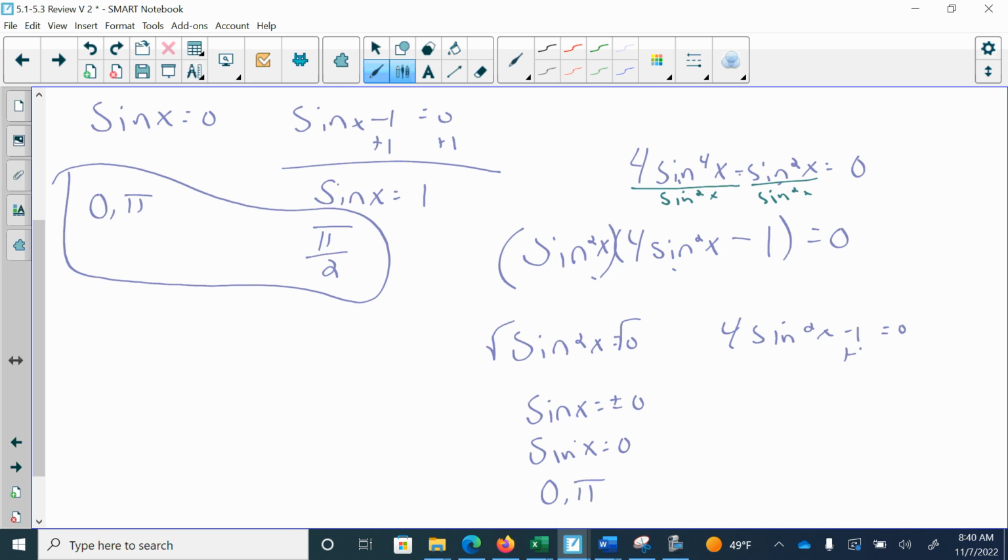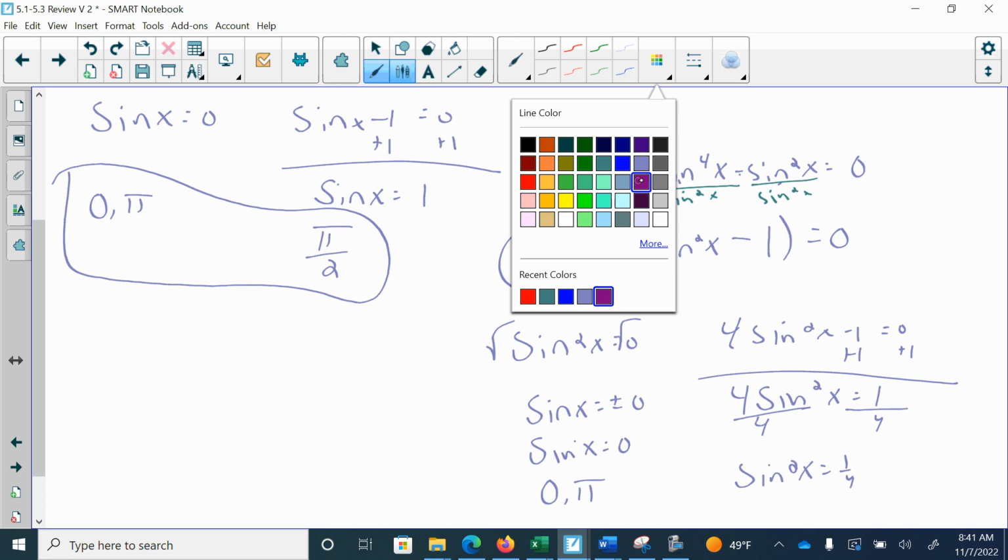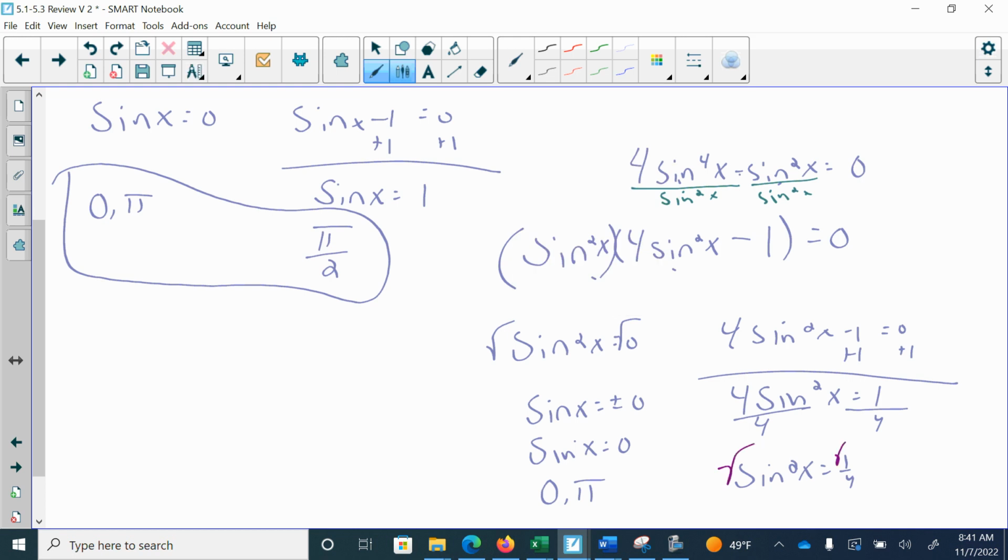Here, I'm going to add 1 to both sides, and I'm going to have 4 sine squared x is equal to positive 1. Divide both sides by 4. And I'm going to have sine squared x is equal to 1/4. Now I'm going to take the square root. Remember, I like doing square root, square root, square root.